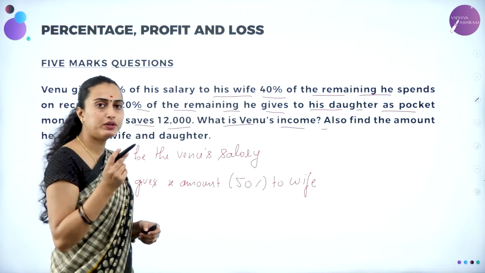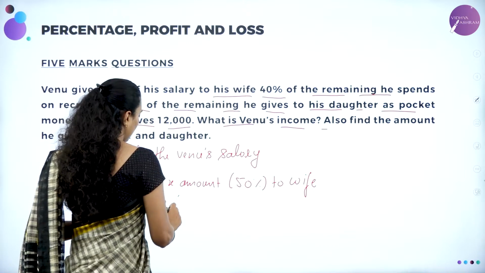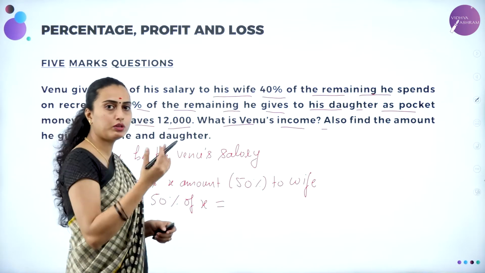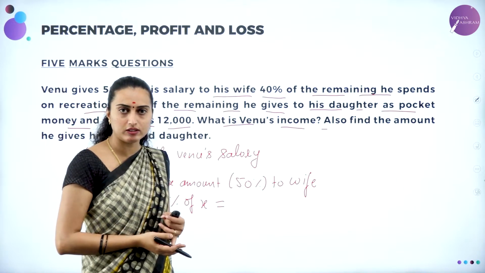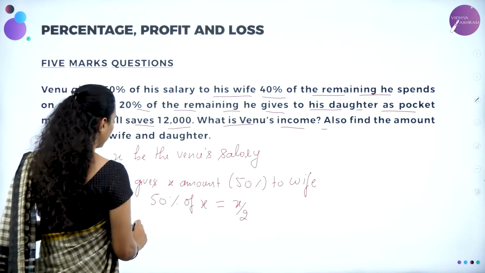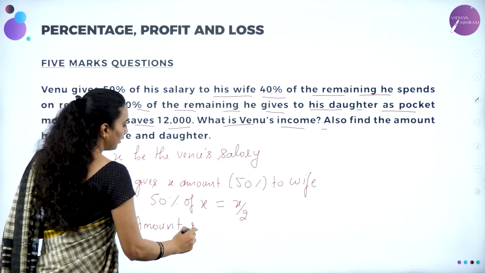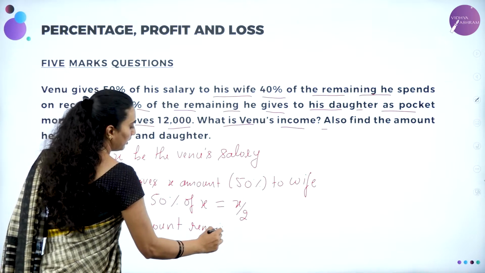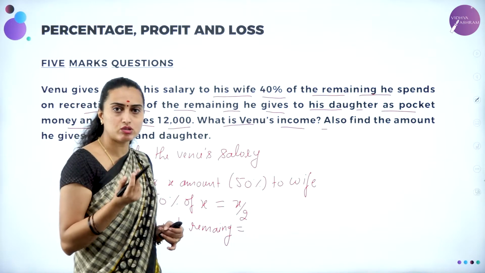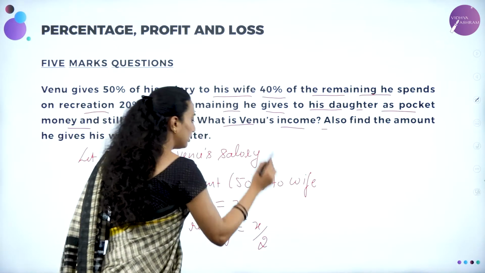Therefore 50% of x will be equal to x by 2, isn't it? So what is the amount remaining? The amount remaining will be x by 2 only, correct? Because x by 2 plus x by 2 is x only. So the remaining is also x by 2 only, isn't it?